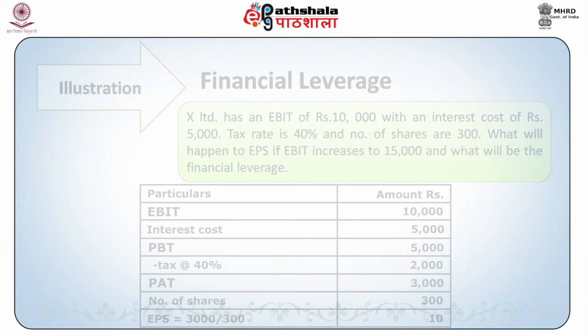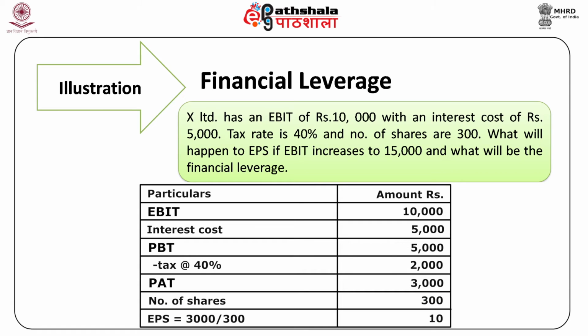Illustration 3. X Limited has an EBIT of rupees 10,000 with an interest cost of rupees 5,000. Tax rate is 40% and number of shares are 300. What will happen to EPS if EBIT increases to 15,000? And what will be financial leverage? Solution. EBIT 10,000, interest cost 5,000, profit before tax 5,000, minus tax 2,000, PAT 3,000, number of shares 300.